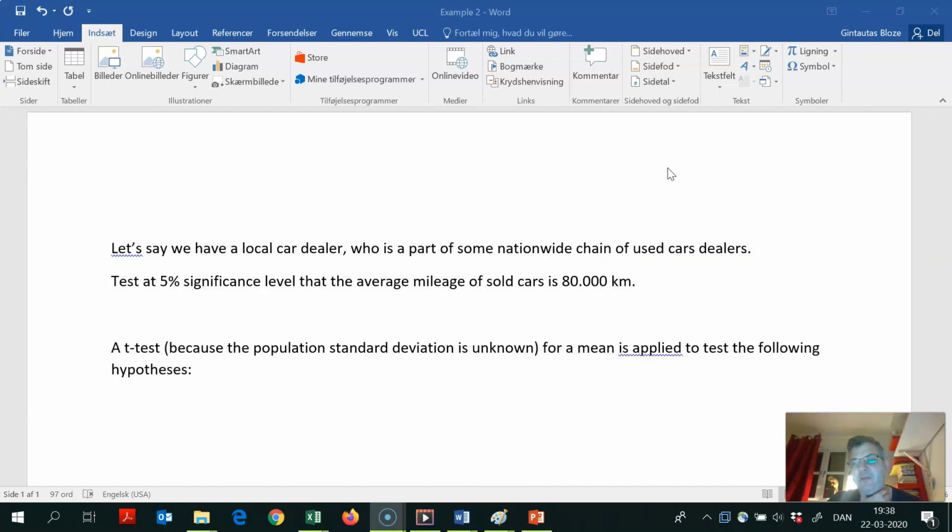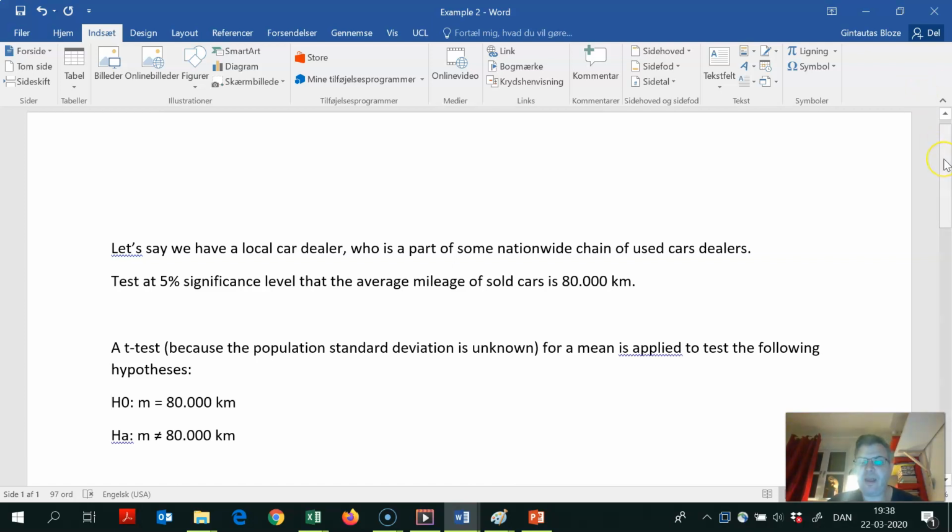And it's not about something bigger or smaller, it's about something equal to or different from, in this case, 80,000 kilometers. And there's only one hypothesis pair that you can state here. The null hypothesis is equal to 80,000 kilometers and the alternative hypothesis is different from.